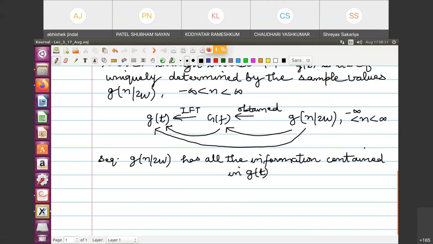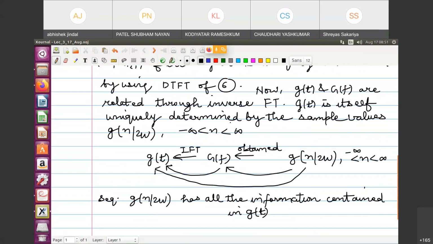Okay, so this is pretty much the development behind saying that you should sample at the Nyquist frequency. For a band limited signal, the Nyquist frequency is simply twice the frequency span. It means if the band is from minus W to W, with W as the positive bandwidth, then twice W should be the minimum sampling rate, so that these samples can uniquely determine g(t).